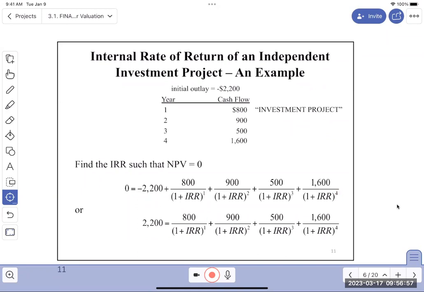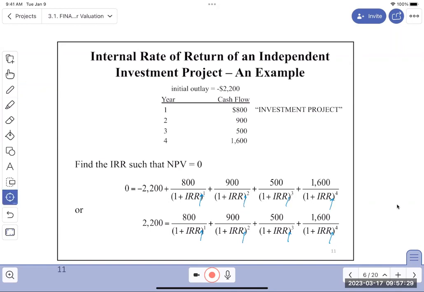Another way to look at that is putting this initial investment on the other side and say, what would the IRR be, what would make these equal? So notice that as the IRR increases, as the number goes up, what happens? Or let's look at it here.